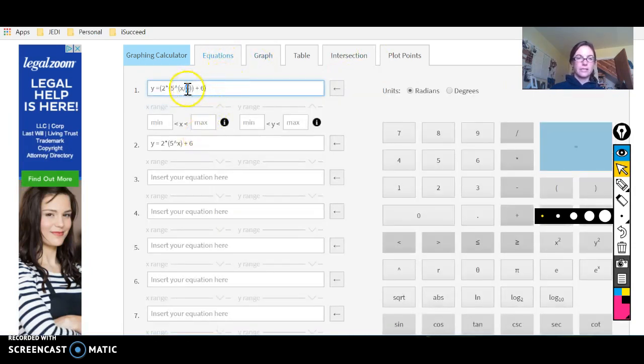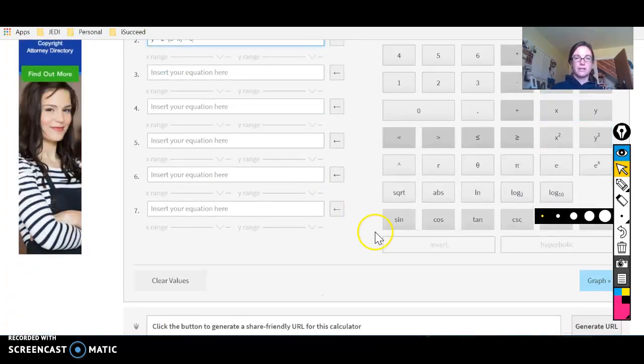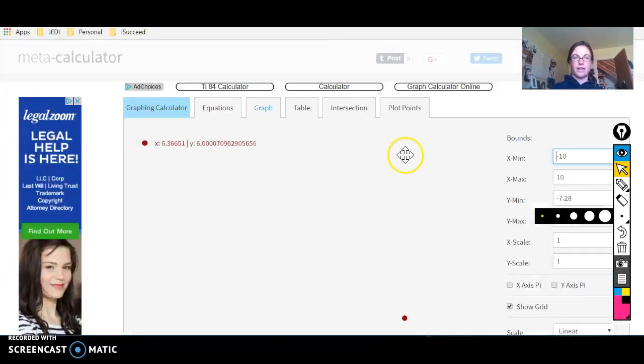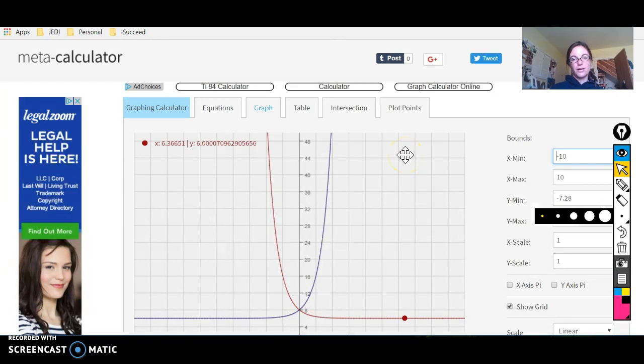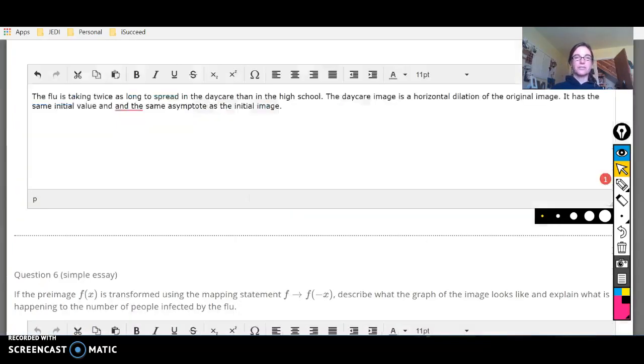Instead of x over 2, let's put a negative x in there and graph that. Whoa! All right, so the blue graph is our initial graph. The red graph is the negative x. And as we can see here, it's a reflection about the y-axis of that initial graph.